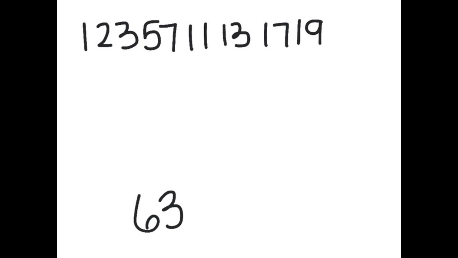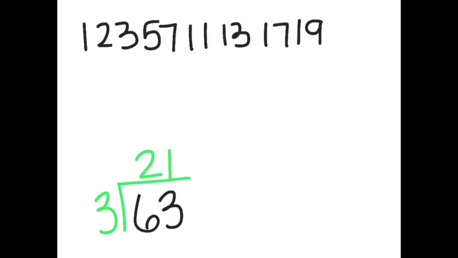Alright, so we have 63. We want to find a prime number that will divide 63 starting at 2. 2 will not, and 3 will. Alright, so when we divide 63 by 3, we get 21.